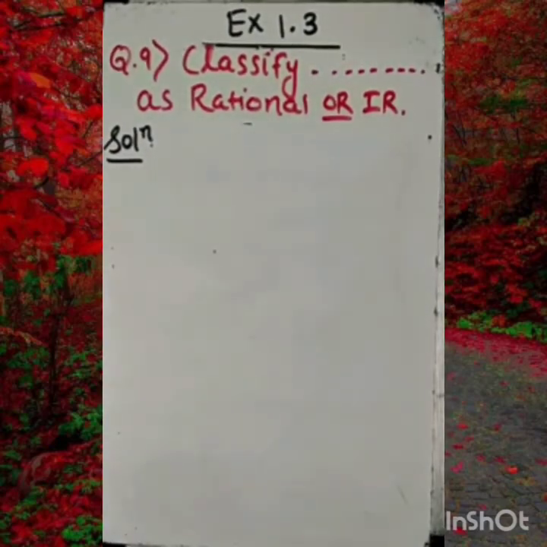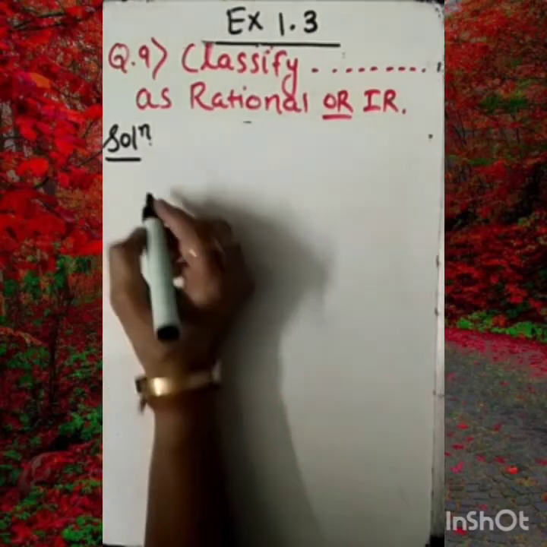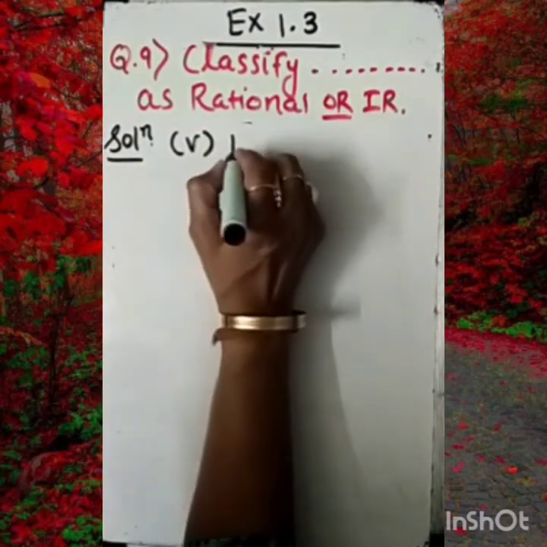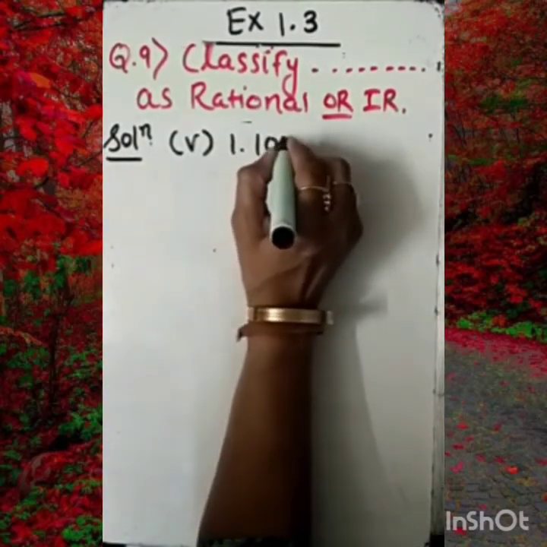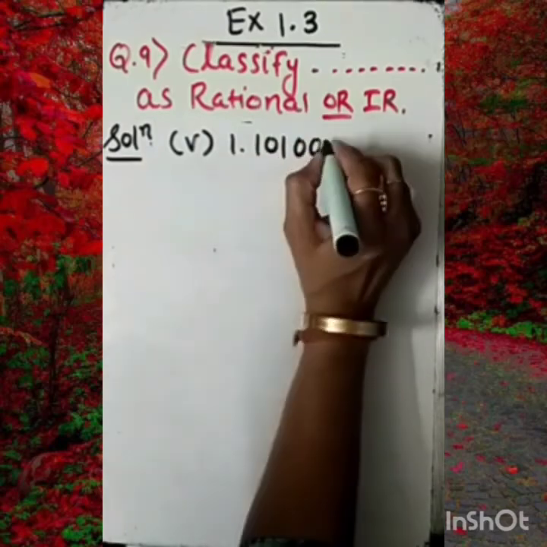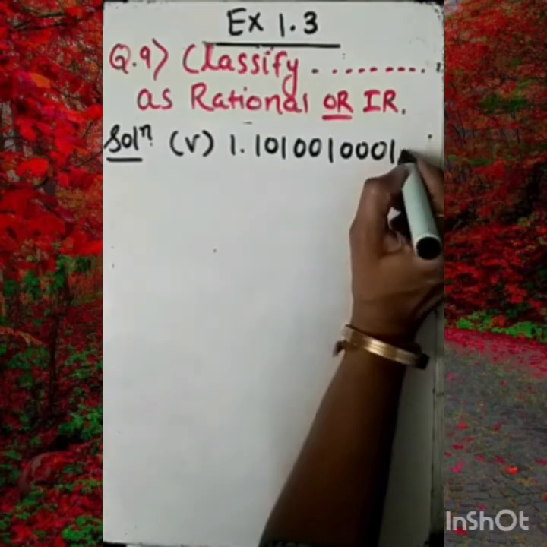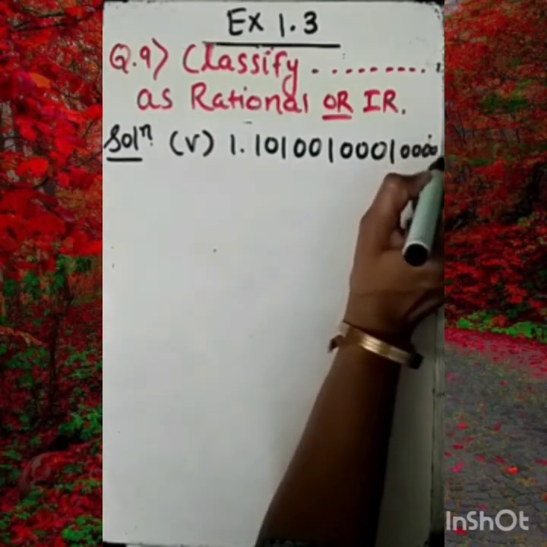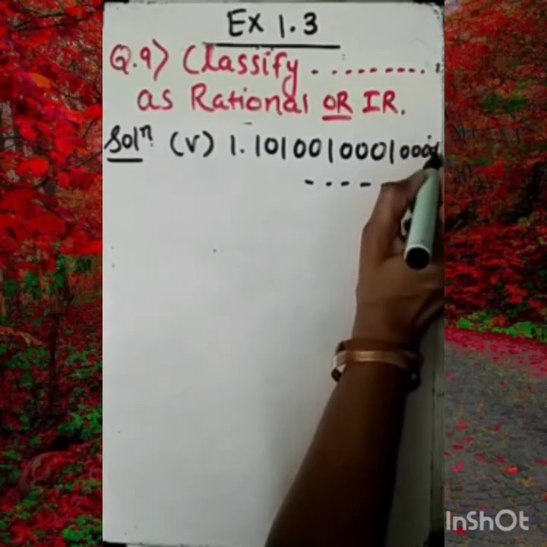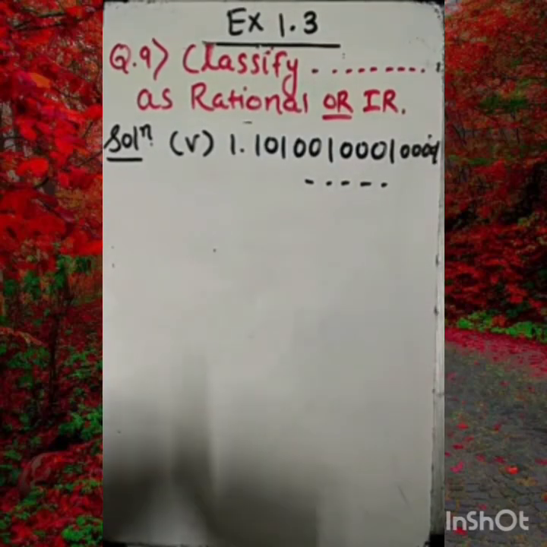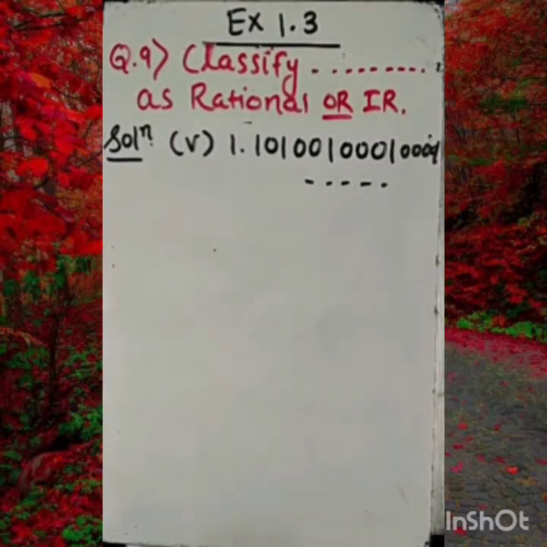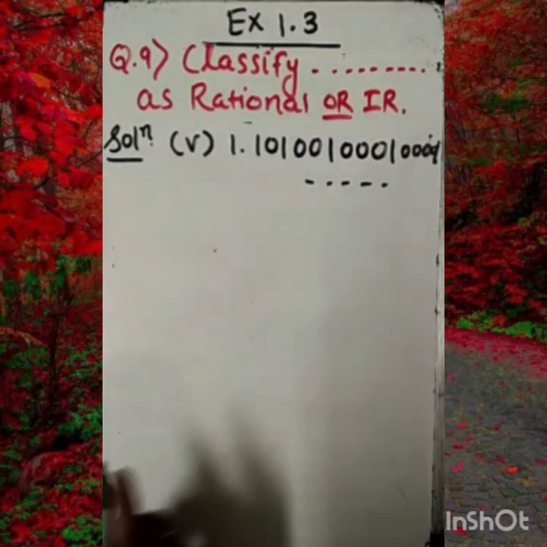The fifth part we are given is 1.10100, then 1,000,000, 1, then 40, like that. This type of number and example we have seen recently, we have done.